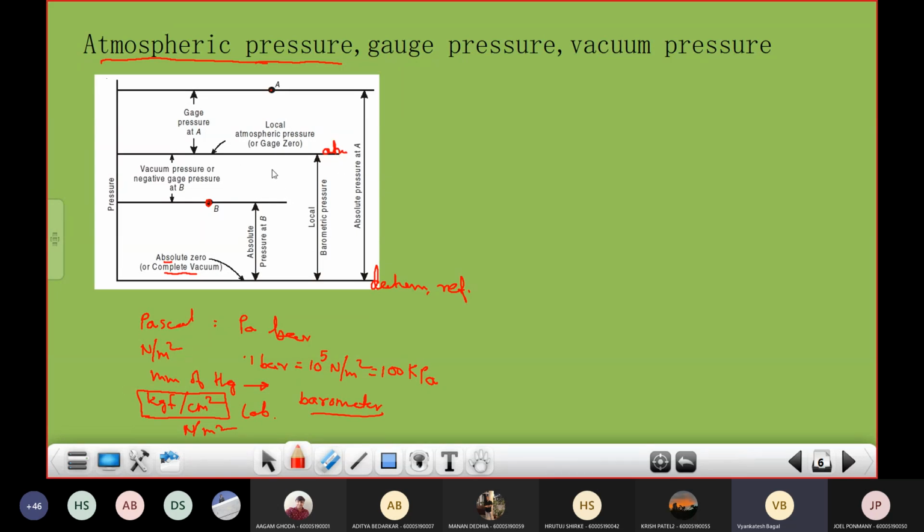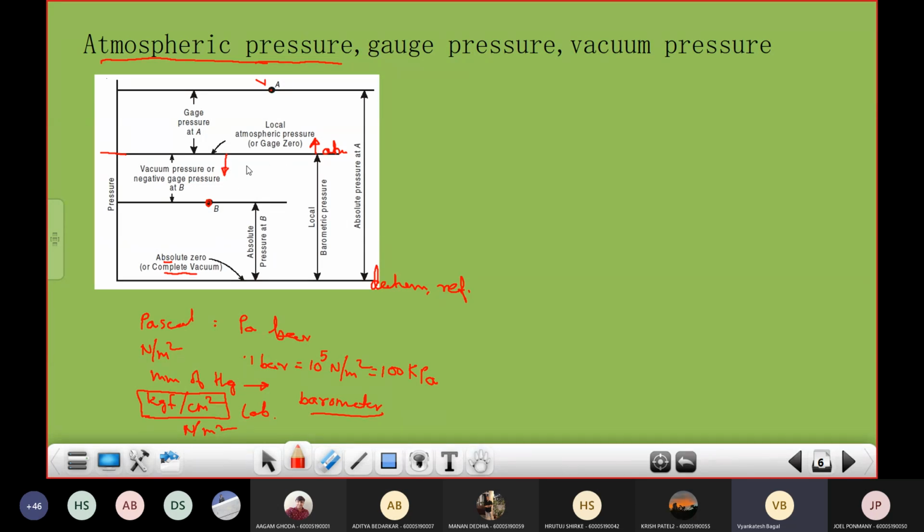Fine. Now all laboratory gauges measure pressure with respect to the atmosphere, with respect to this line. Looking at the diagram, it is very clear that the pressure at point A is more than atmospheric. That's why this point is on the upper side of the atmospheric pressure line. And at point B, the pressure is less than atmospheric, right?